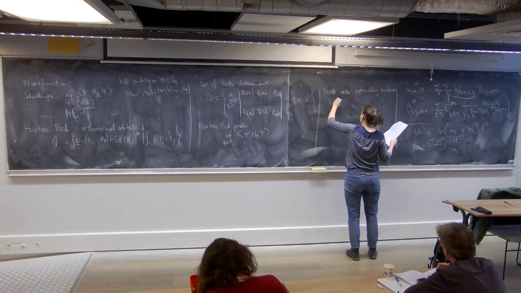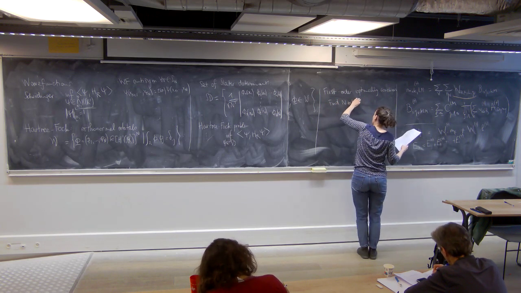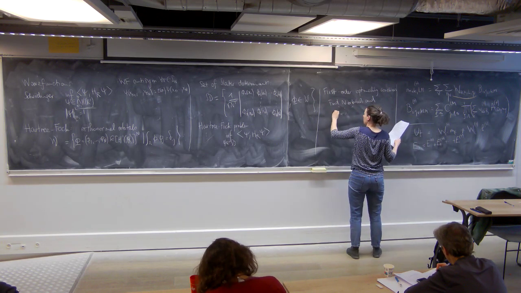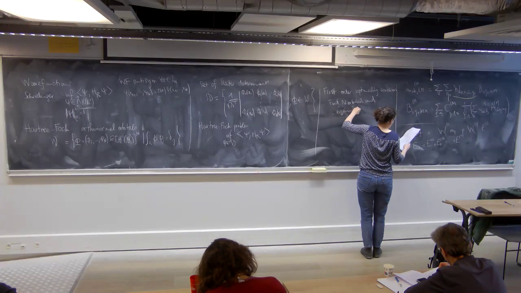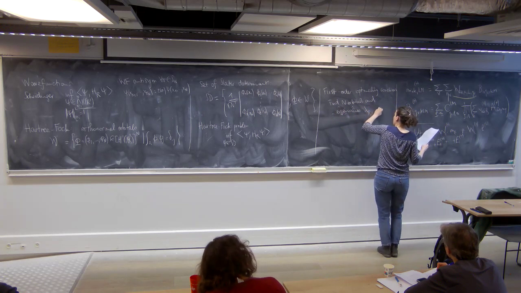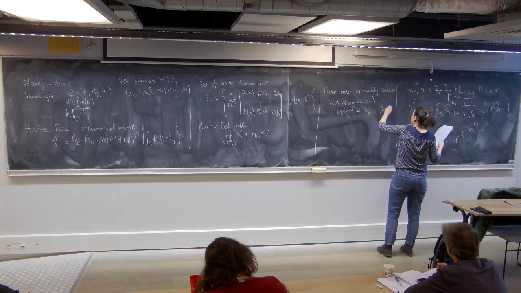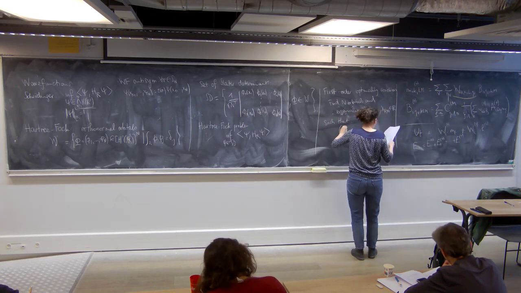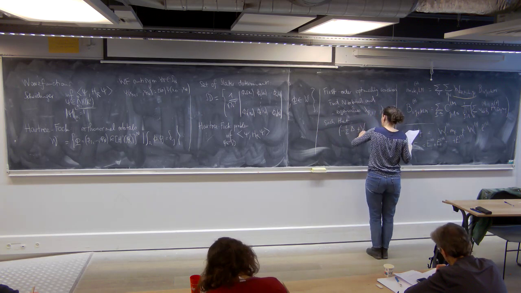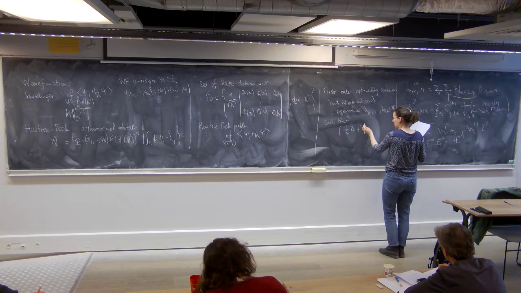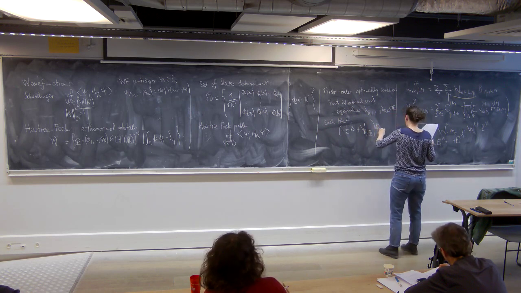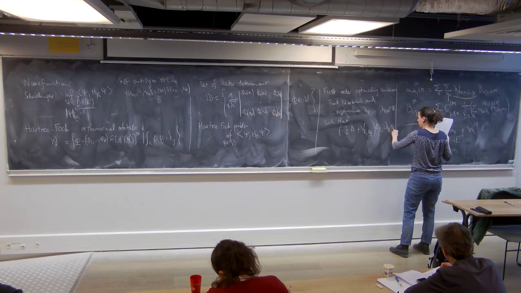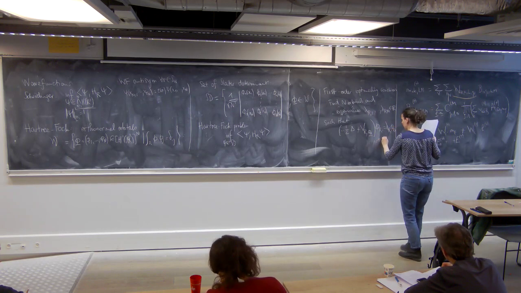So the problem turns into finding n orbitals, eigenfunctions, and eigenvalues, which I denote lambda 1 to lambda n, which are solutions to the following problems: minus Laplacian plus some potential, and this potential depends on the orbitals phi, applied to phi i equals lambda i phi i, for i from 1 to n.